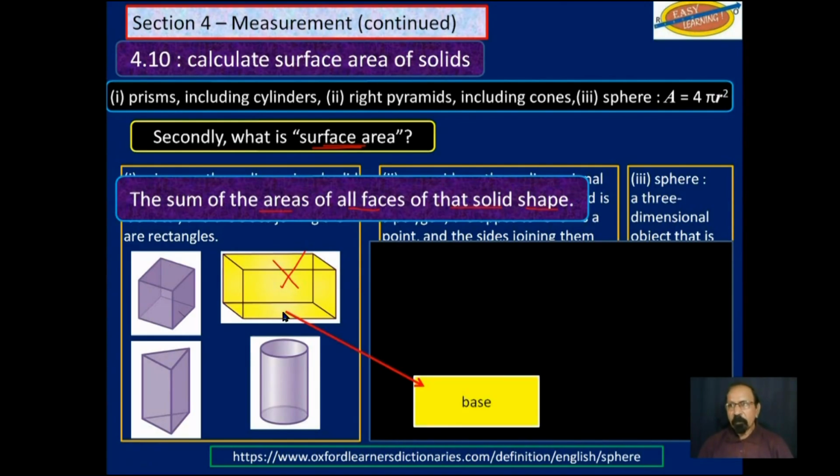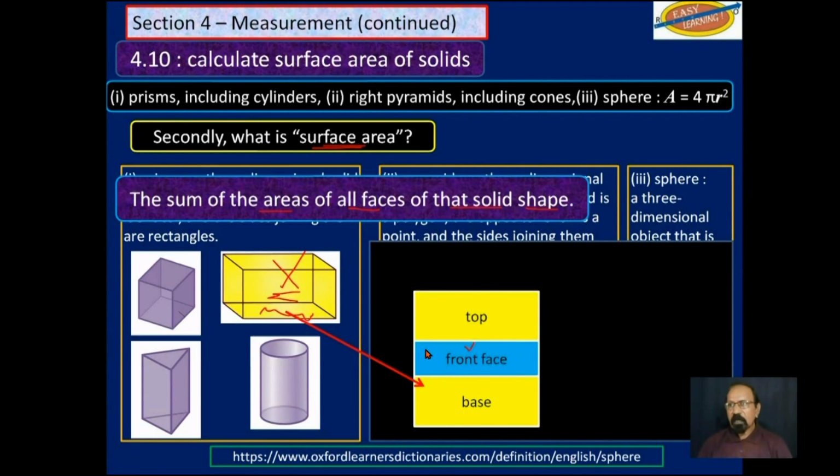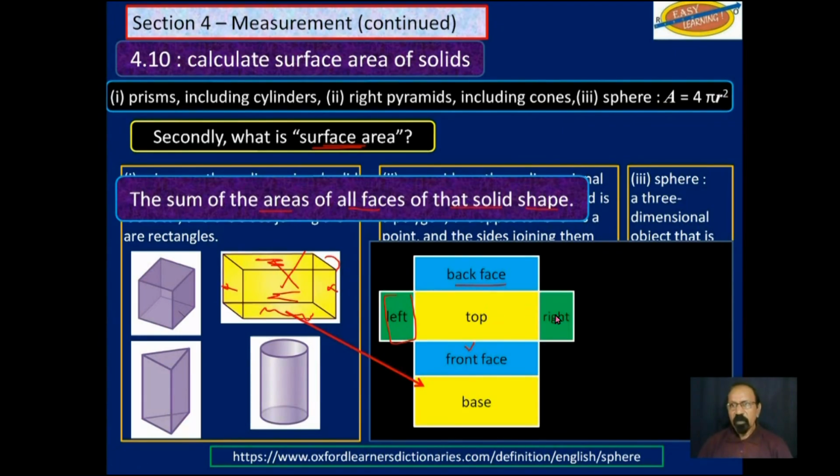If this represents the base, it's a rectangle, this base down here. To the front here that we are looking at, that's the front face. At the top, you have that, and behind that, you have the back face, and then to the left here, you have this face, and to the right there, you have this. So what you see here are the 6 faces on a rectangular prism.